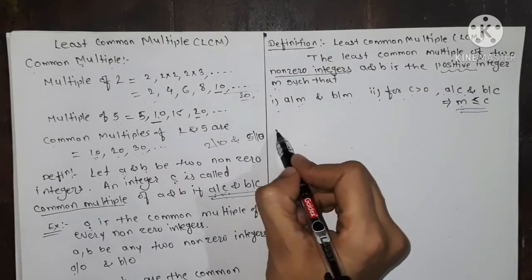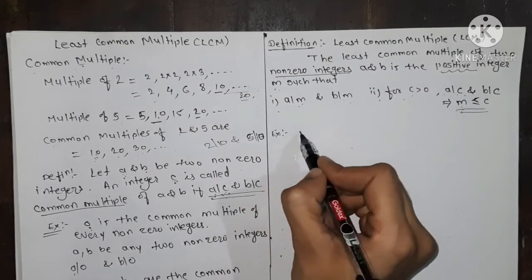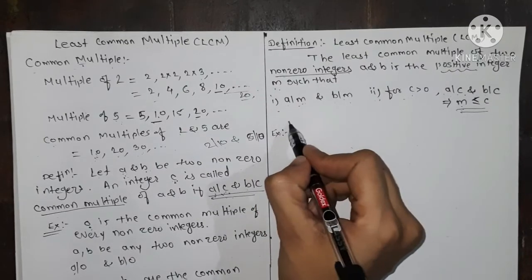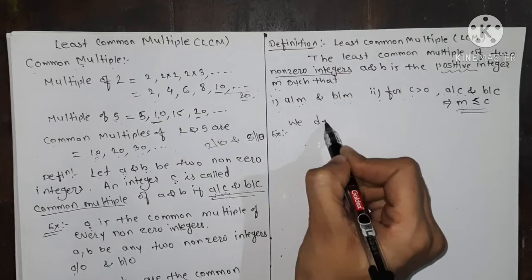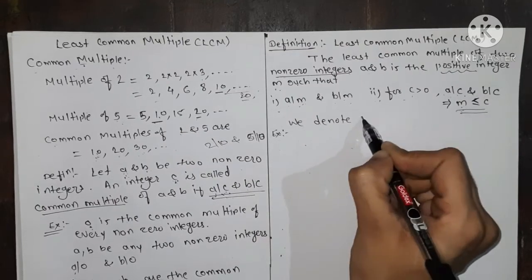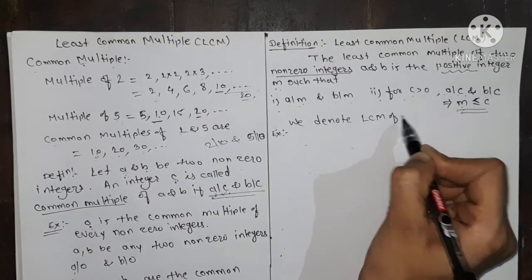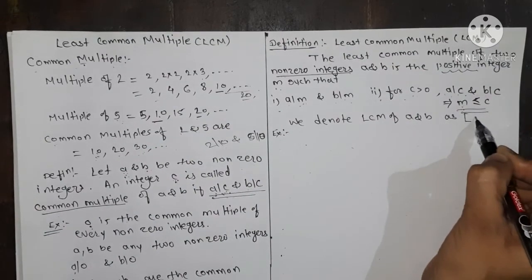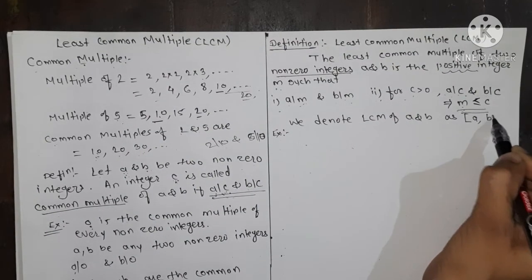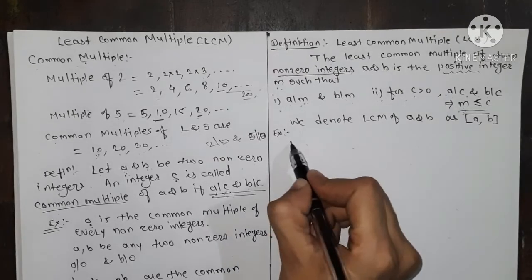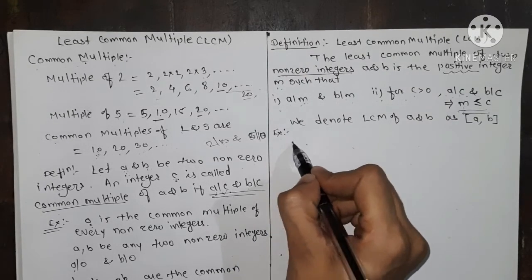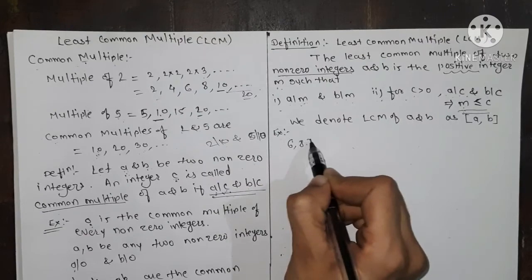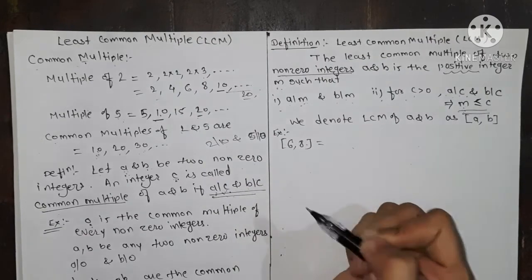So we see the example here again. Firstly, we denote the LCM of A and B as [A, B] in square brackets. Okay, so we find the LCM of 6 and 8.